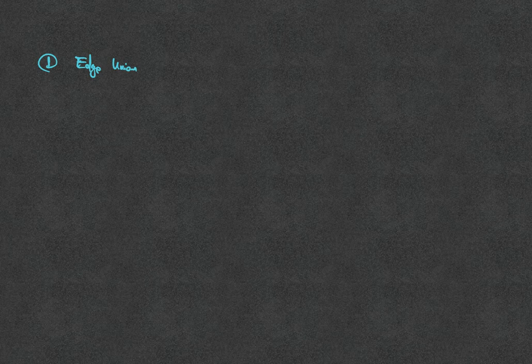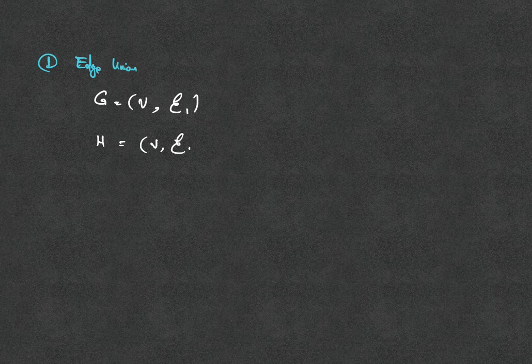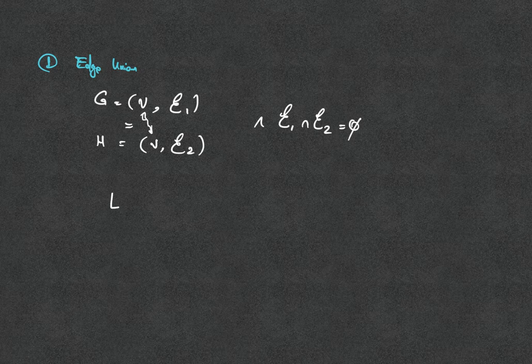What this says is that if you have two graphs, such as G and H, defined on the same vertex set, but with different and disjoint edge sets, meaning that the intersection of E1 and E2 is empty, then the Laplacian of the graph found from the union of these two is going to be L_G plus L_H.